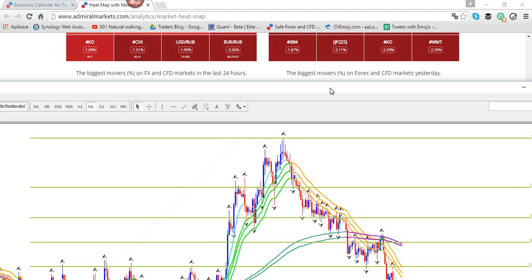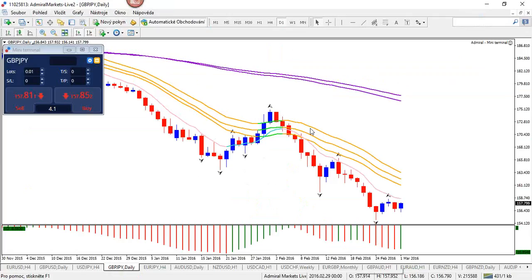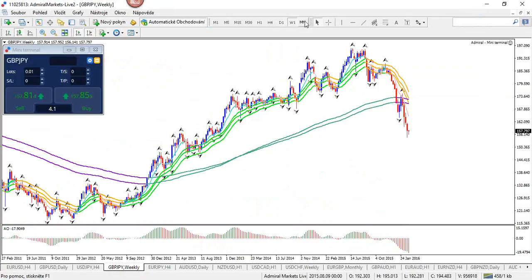It's pound yen. You can see also, let's take a look at the daily quickly. Fourth day. Well, in any case, we don't have divergence on this. No, we do. We might have divergence on the daily, but not sure yet. Weekly is still very bearish.